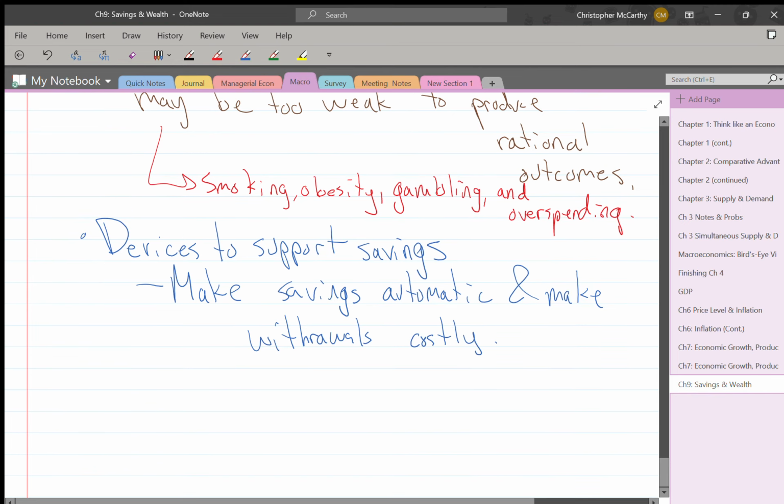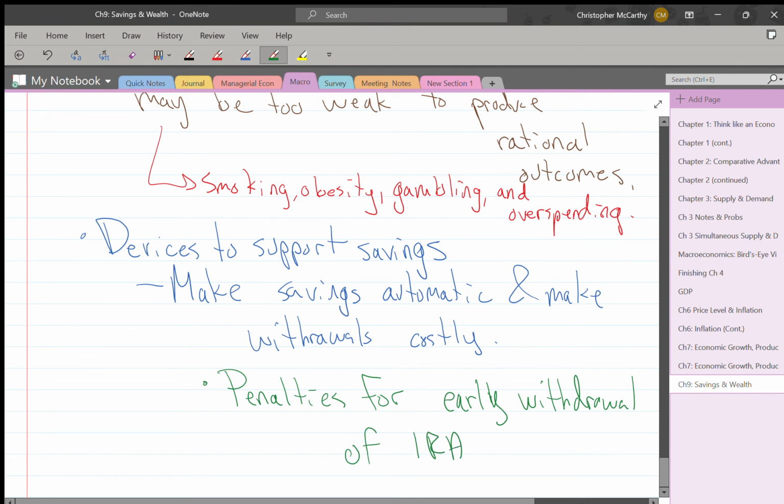And that's exactly what happens with individual retirement accounts. There's penalties for early withdrawal of those individual retirement account funds.